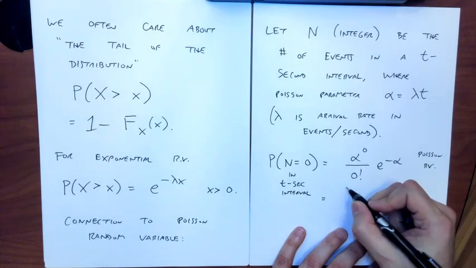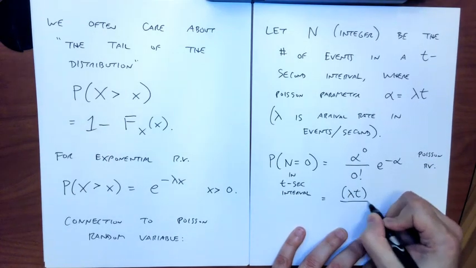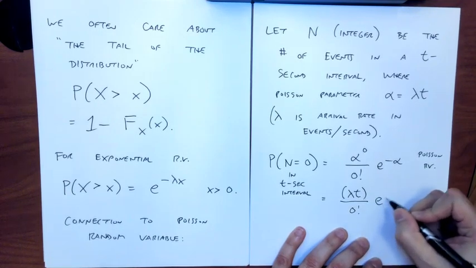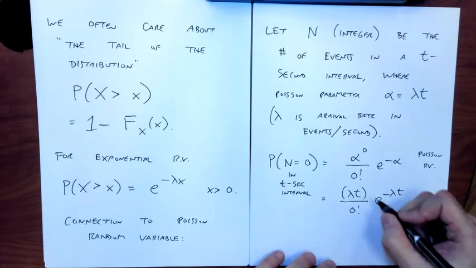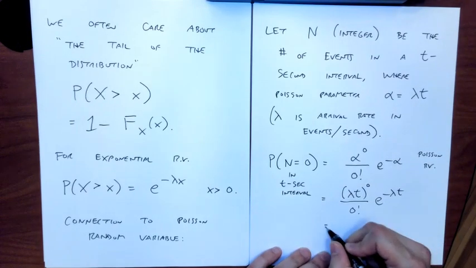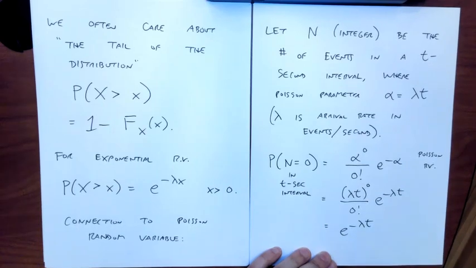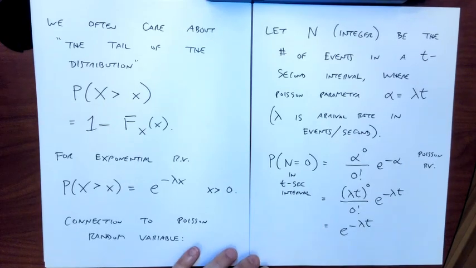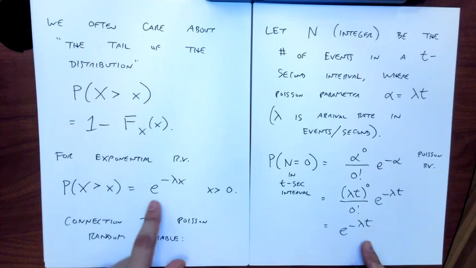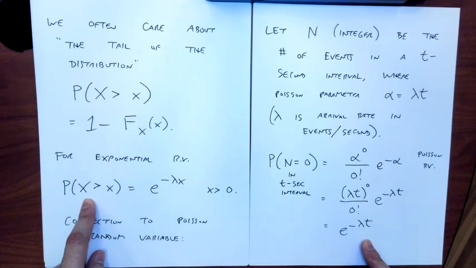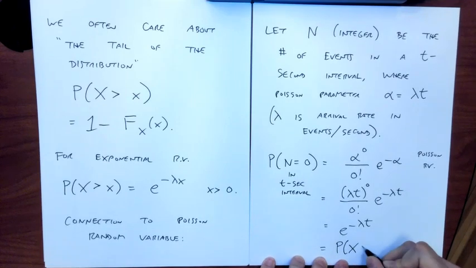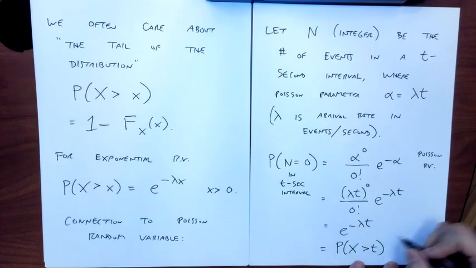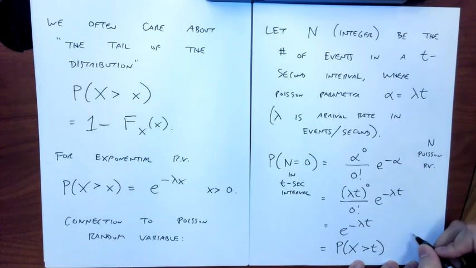And if I plug in this thing, I get e to the minus lambda t, okay? And I can see that this is actually the probability for the exponential random variable. So here, n is Poisson, x is exponential.